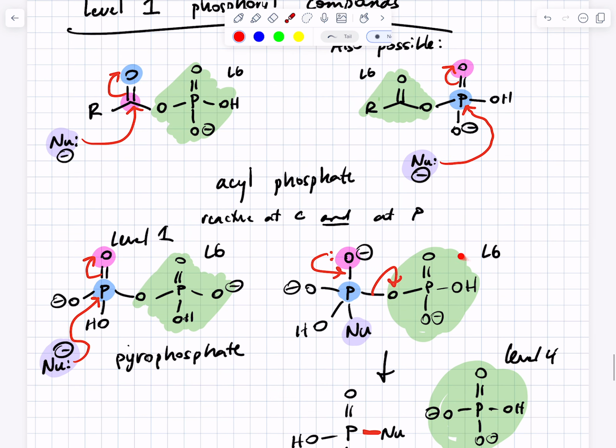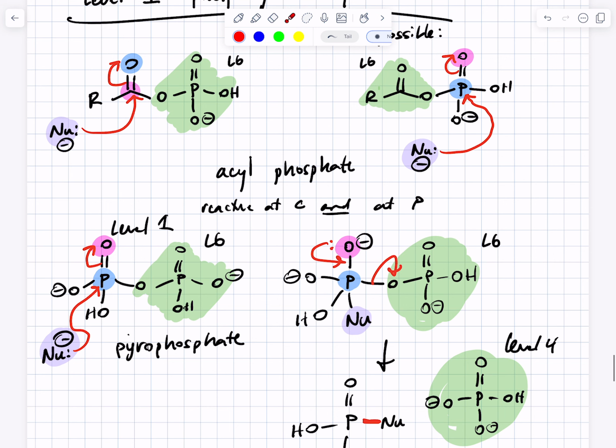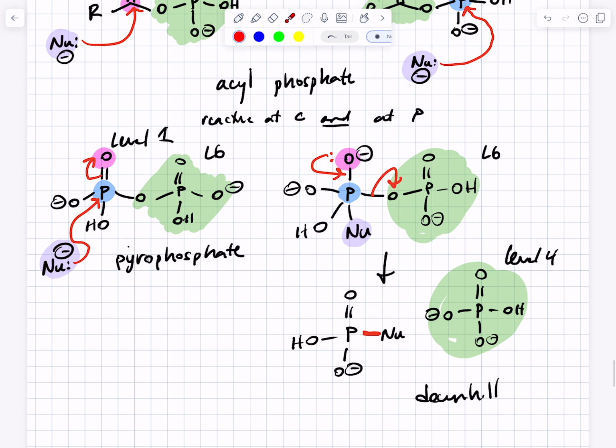That would give you this intermediate, and then electrons on the negatively charged oxygen could kick down and phosphate could leave, and that would convert a high energy level 1 compound. Depending on the identity of the nucleophile, one of the products here is a level 4 compound, so we would expect that to be downhill.